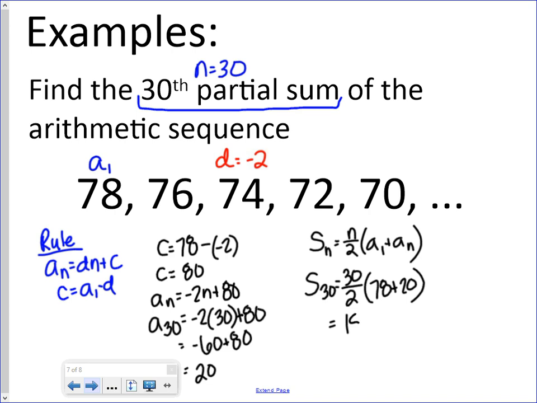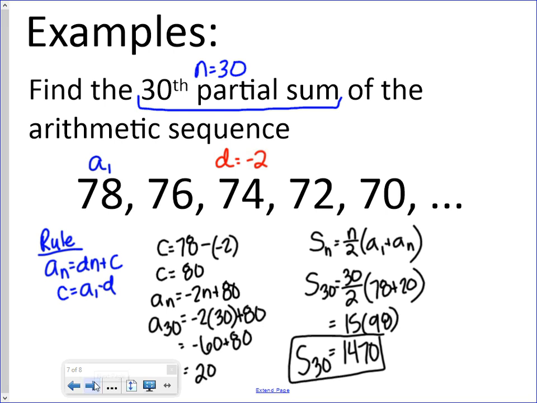And then that would be whatever 15 times 98 is. So the 30th partial sum is 1,470. So sometimes, in order to find the sum of an arithmetic sequence, you have to actually write the rule for the sequence so that you can plug it into the series.